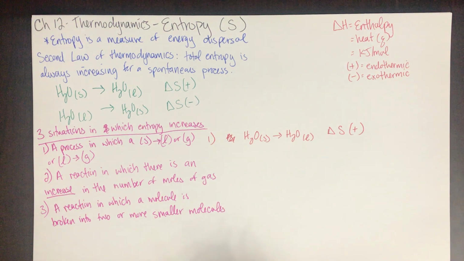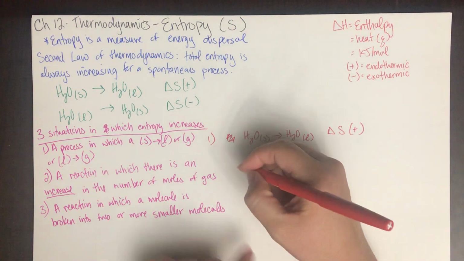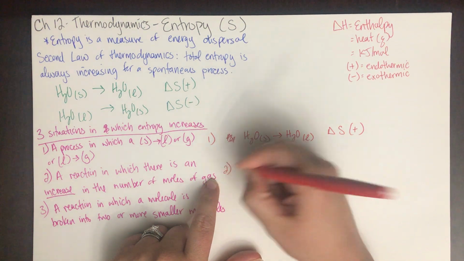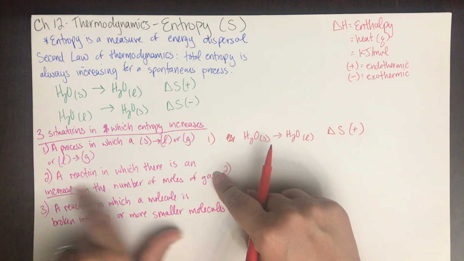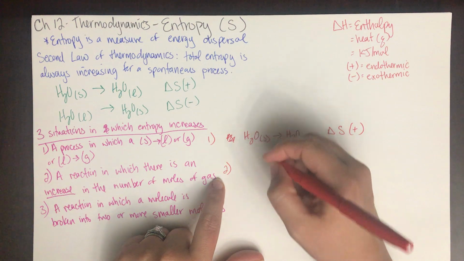The second situation, a reaction in which there is an increase in the number of moles of gas. So let's just find an example here. So let's say here is a chemical reaction. This is for number 2. Here is a chemical reaction.